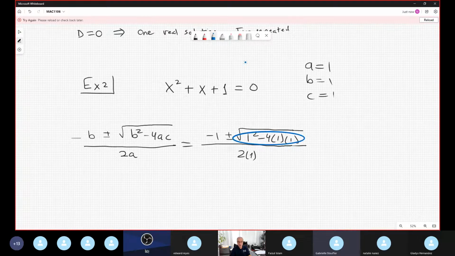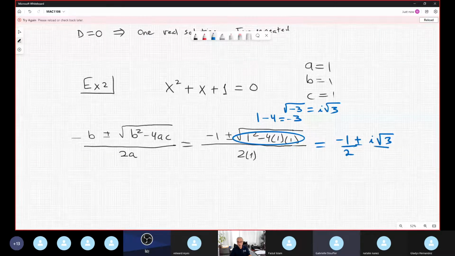Okay, so 1 squared is 1, minus 4 is negative 3. Again, complex, because the square root of negative 3 is i radical 3. Now we have minus 1 plus or minus i radical 3, divided by 2. You can split.